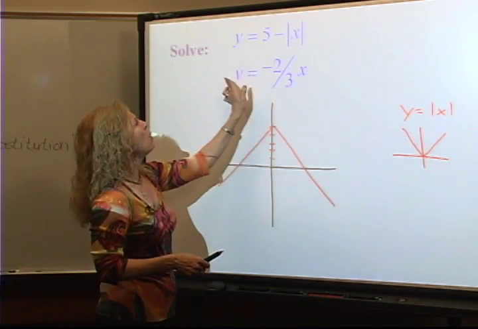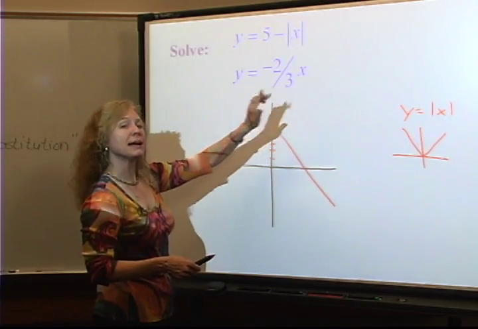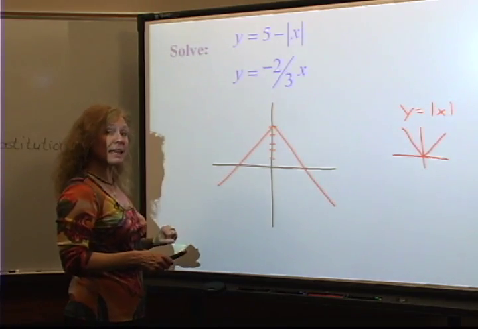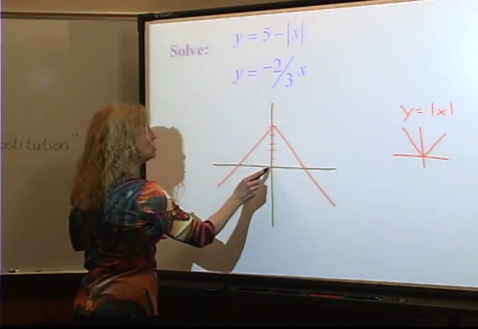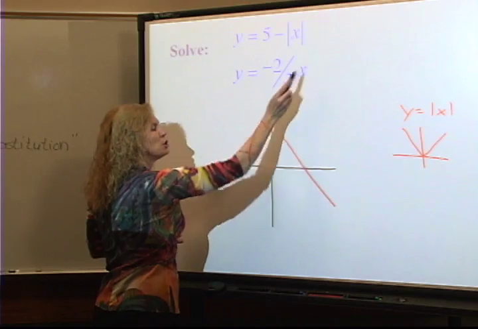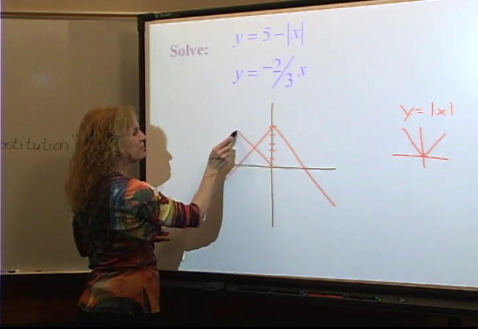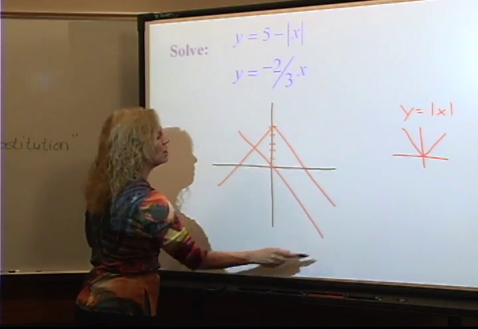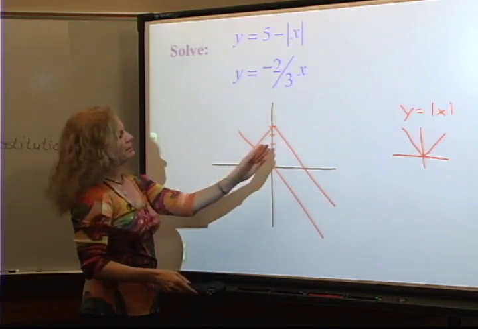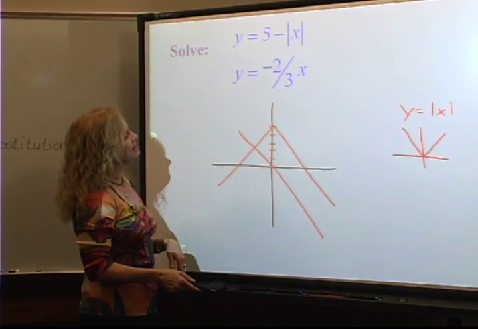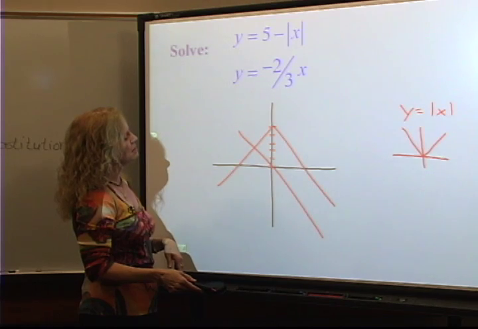Well, let's see here. y equals negative 2/3 x. I hope you realize that that's a linear equation. He goes through the origin, and he has a slope of negative 2/3. So, by the way, this is not going to be parallel. I didn't hit that very well, did I?